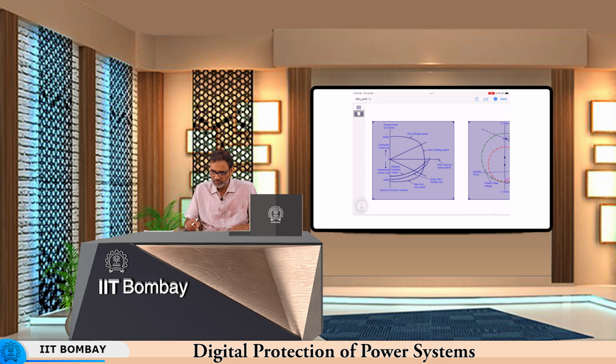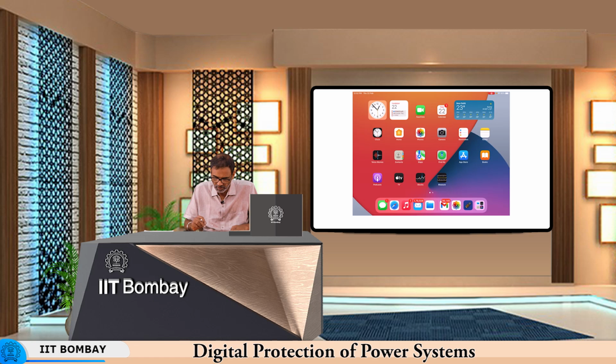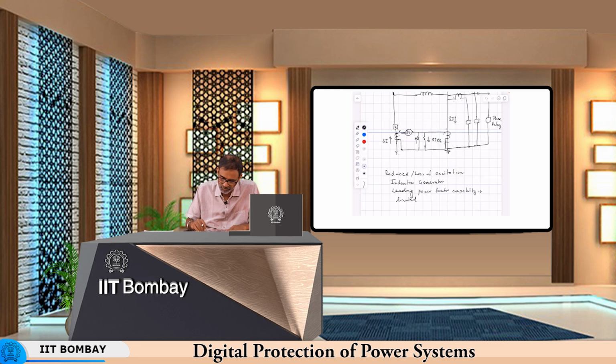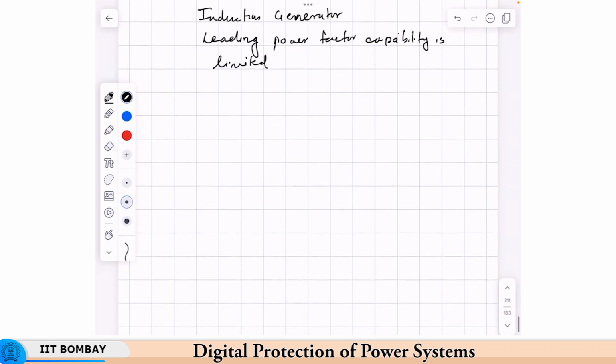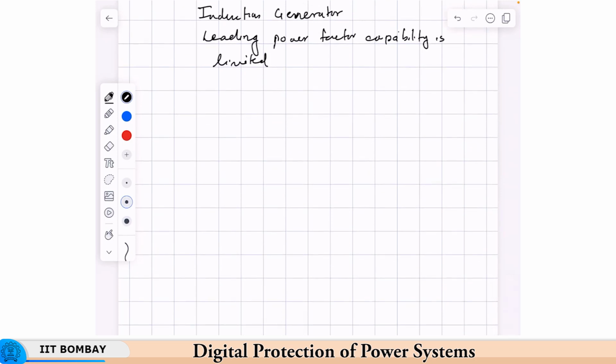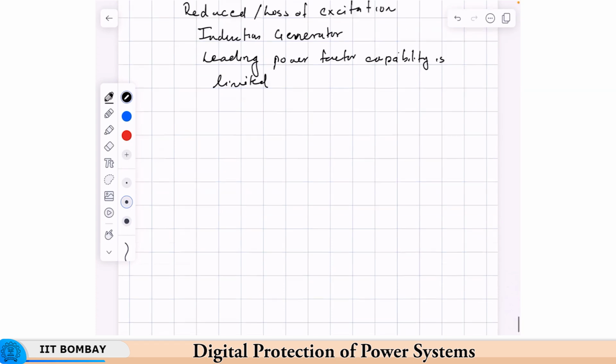So, all in all we can see that the reactive power absorption capability, or in other words the ability of the synchronous generator to operate at leading power factors, is quite limited. And so, a protection has to be provided to the generator to sense this loss of field or reduced field. Okay.